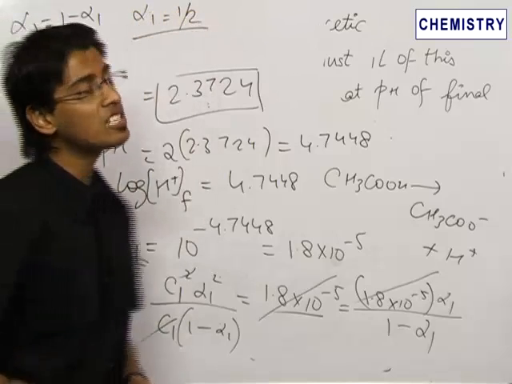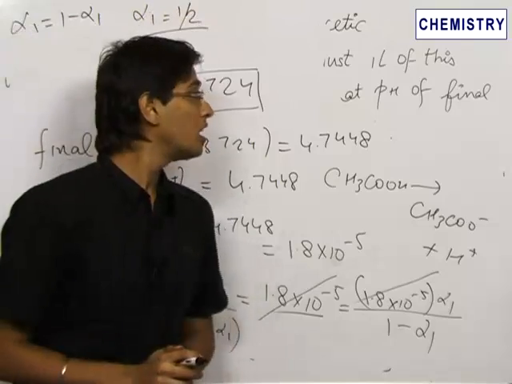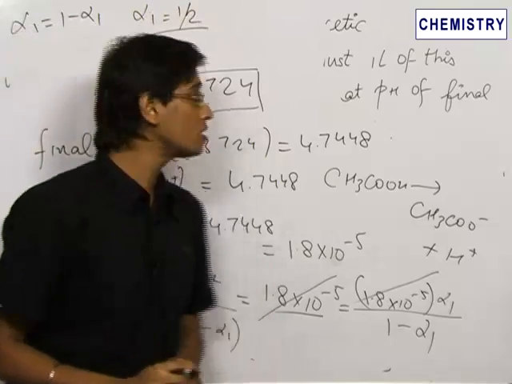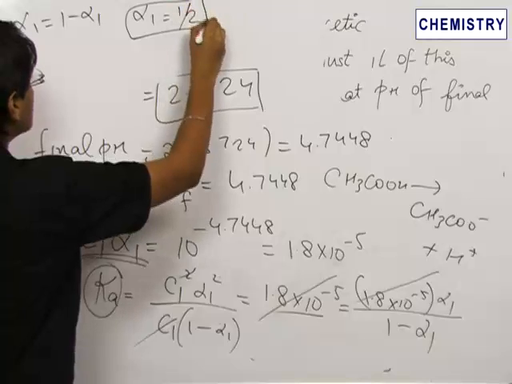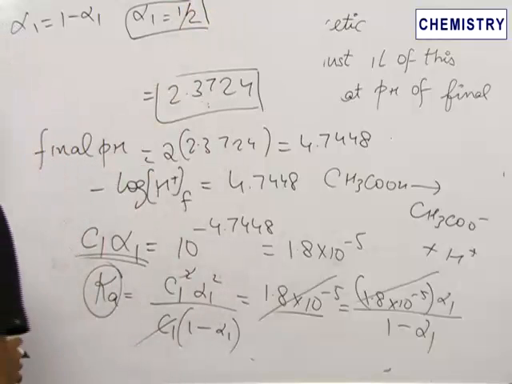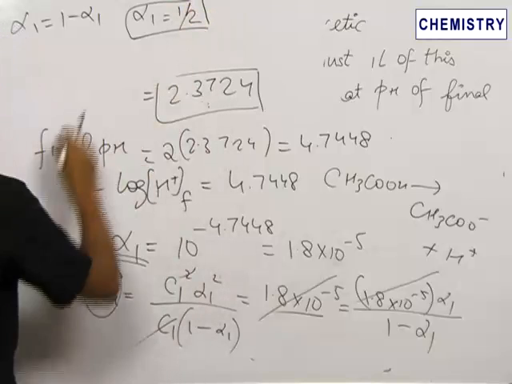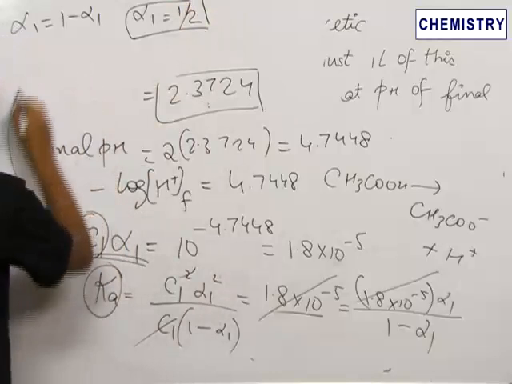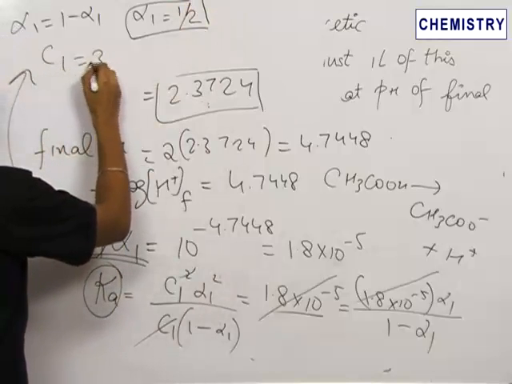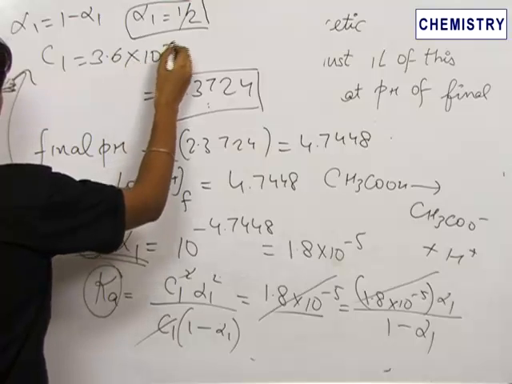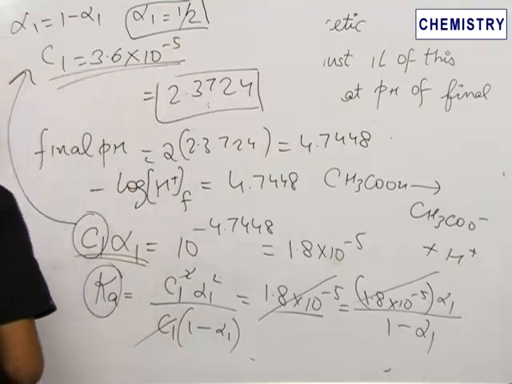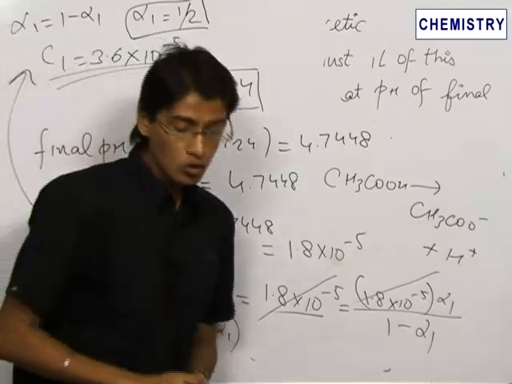So when the solution is diluted so that the final pH is twice the original pH, we get the degree of dissociation of acetic acid at that time to be equal to half, which gives C1 equal to 3.6 × 10^-5. We need to find the final volume.